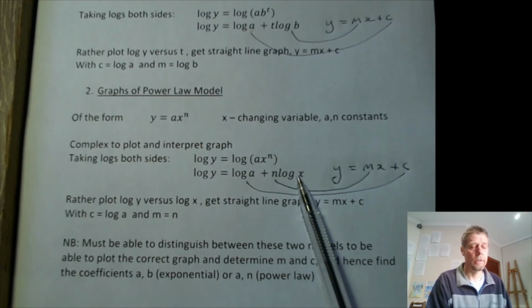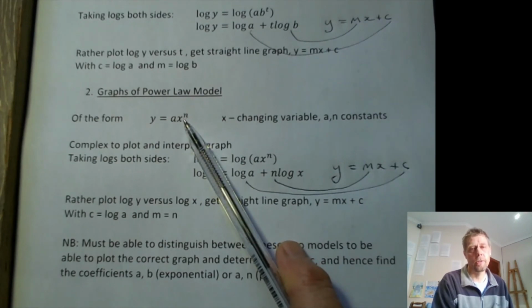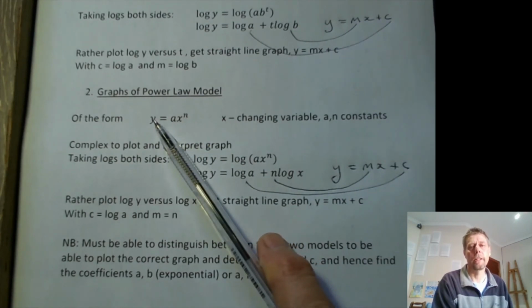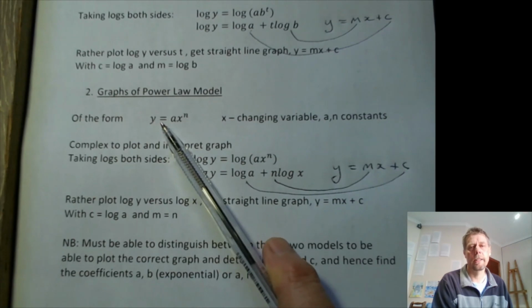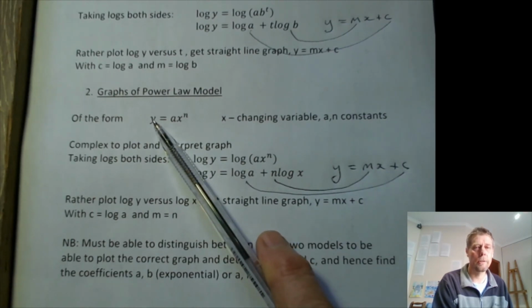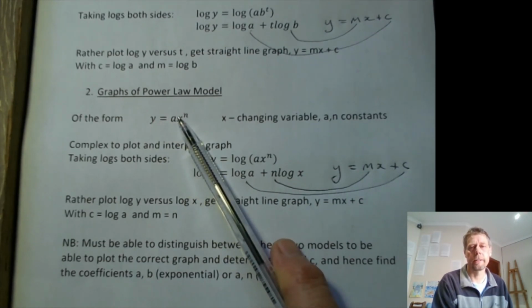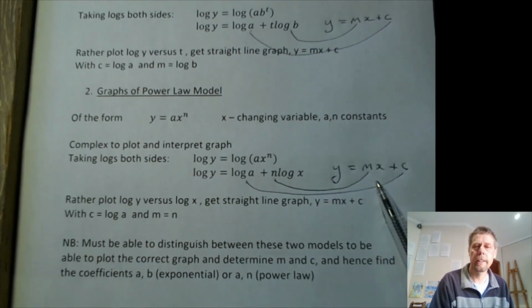So in this case, you'll be given a set of values of, say, y and x, and you're going to draw another two columns and calculate log of y and log of x. Put them side by side, and instead of plotting y and x, you plot log of y and log of x. This will give you a straight line graph.